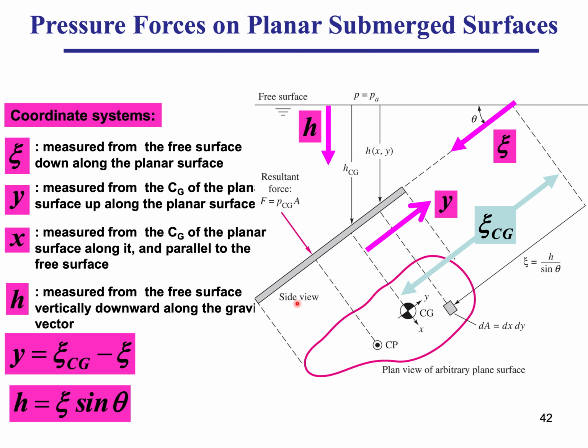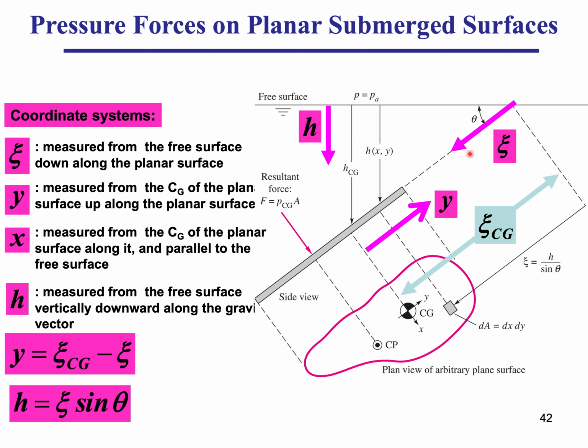So we can find a relationship between y and zeta. y and zeta are parallel, but they point in opposite directions. That's why you have a minus sign, and they are shifted by an amount zeta cg.